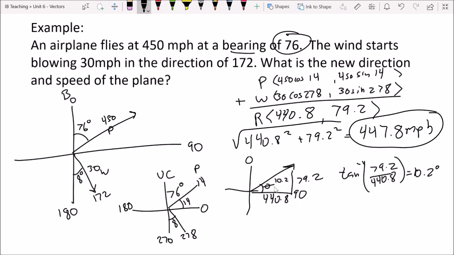So 90 minus 10.2, and I get that my bearing is 79.8. So we were asked, what's the new direction and speed of the plane? The new speed is 447.8 miles per hour, and the new bearing is 79.8 degrees.